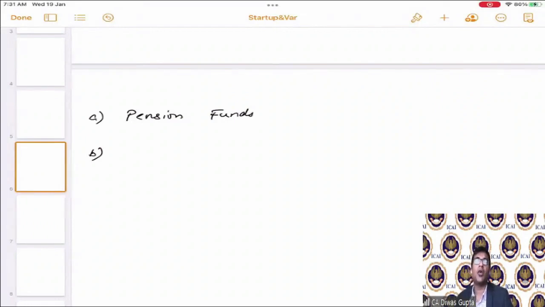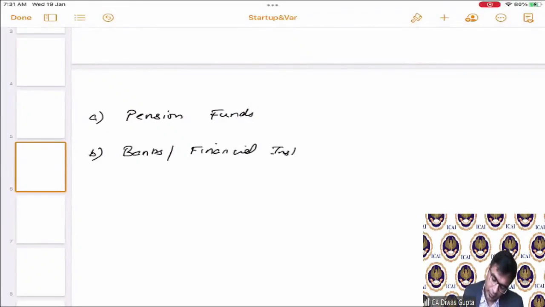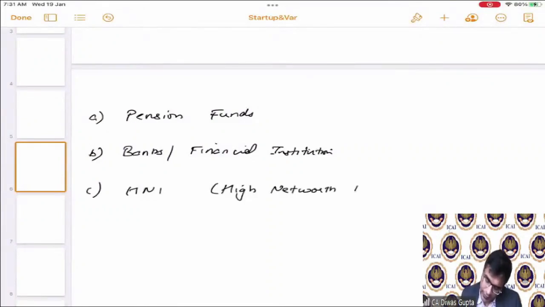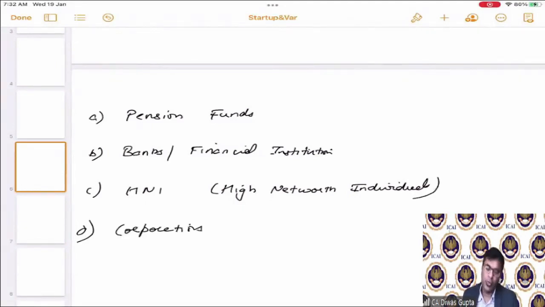They will have a lot of cash to invest somewhere. They have surplus cash. B, banks and financial institutions. C, high net worth individuals, HNIs. Or there can be other corporations also, correct?